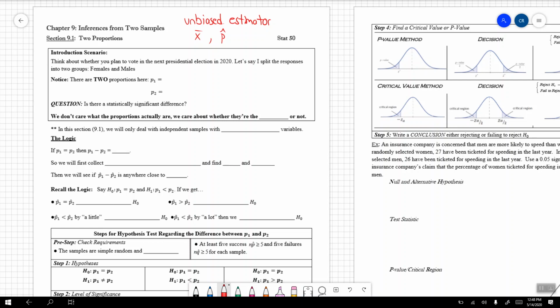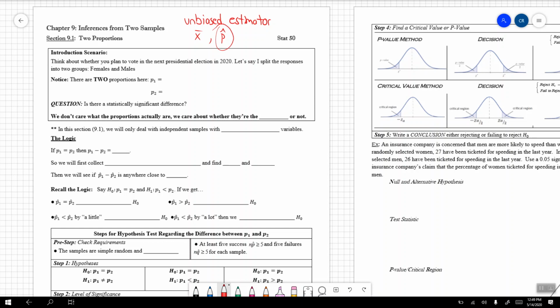These are the only two methods that we can use in order to make inferences about a certain population, because again, these are unbiased estimators. So whether we use the mean or the proportion, we're going to have to use one or the other. All right. Now in section 9.1, we're going to be working with two proportions, which means we're only going to be working with p hat in this particular case.